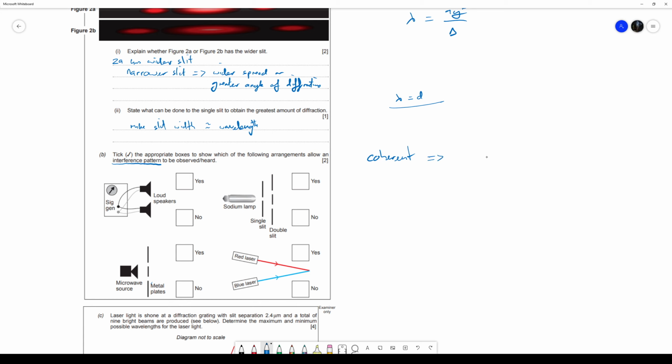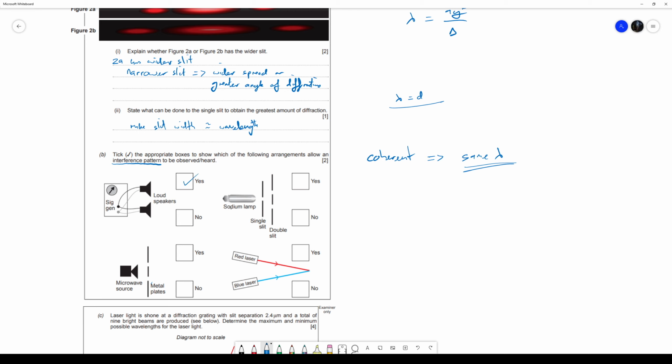And coherence implies roughly they're all the same wavelength or the same frequency, but better the same wavelength really is the key thing for us here. All the waves have got to be the same wavelength, and to produce an interference pattern we ideally need two sources that are coherent. So here we have two loudspeakers. They're both connected to the same signal generator, so they're both the same wavelength. There are two sources, so yes.